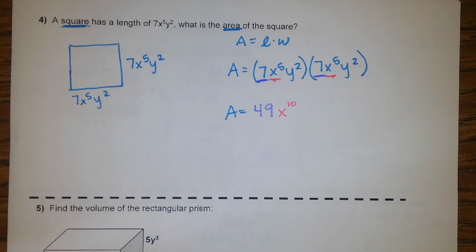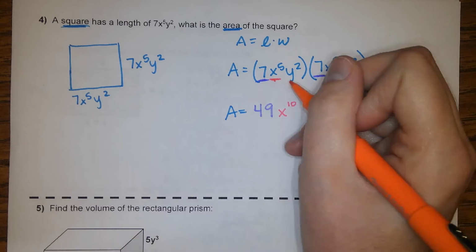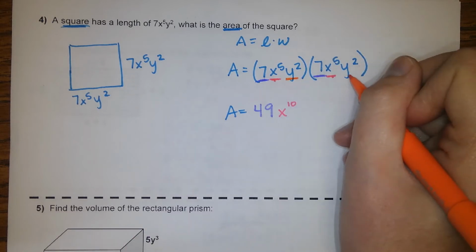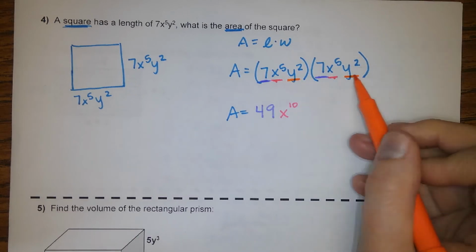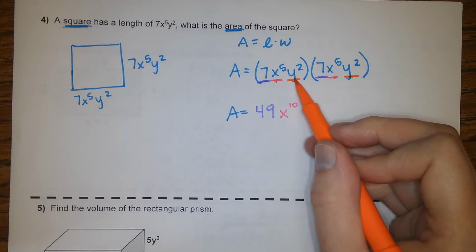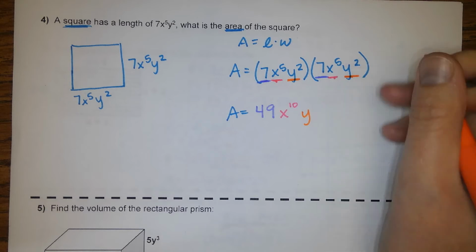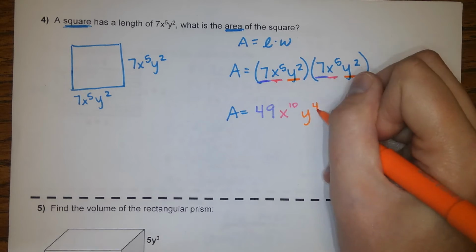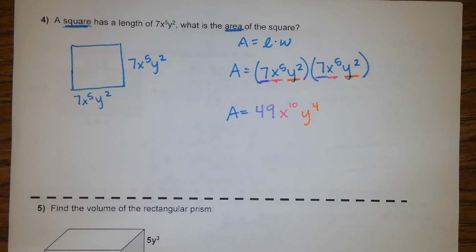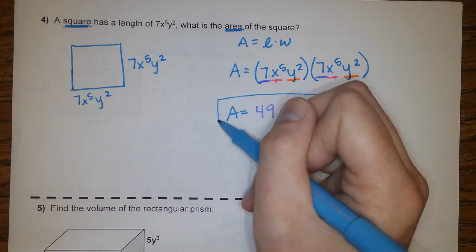And then the very last one here, if we do y squared times y squared, if we're multiplying, then we are going to add our exponents up. So 2 plus 2 would be 4. So our area would be equal to 49x to the 10th, y to the 4th. All right, so that would be our area.